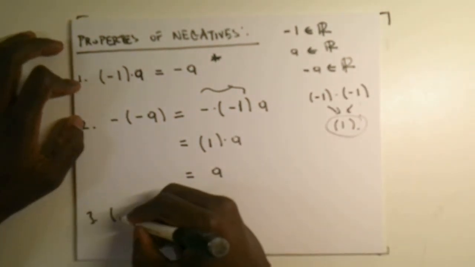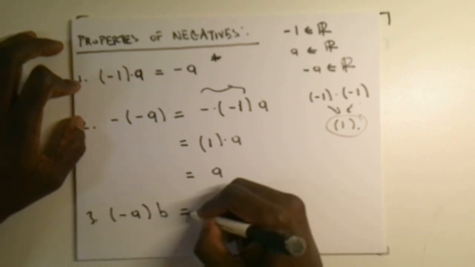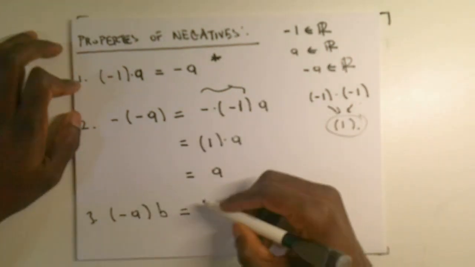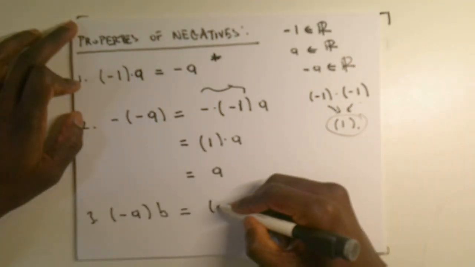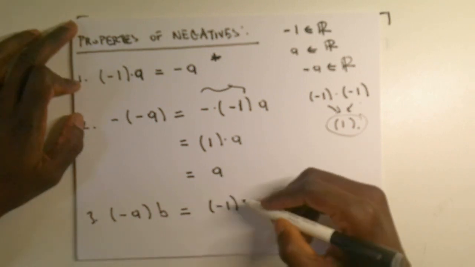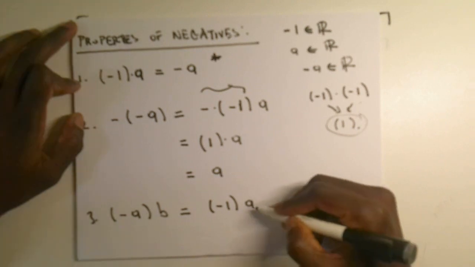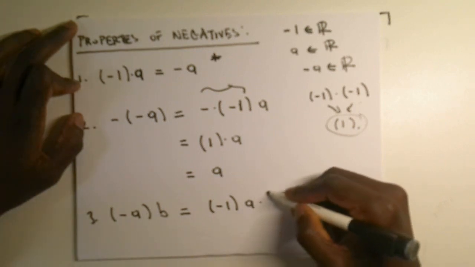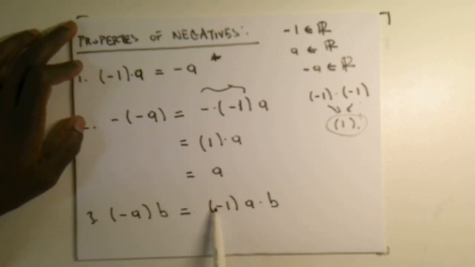So number 3 says negative A times B. Let's do a similar expression to what we've been working with, where we extract the negative 1, and then we do A, and then times B. If you're noticing, I'm always extracting this negative 1, because that's what the sign is operating on.